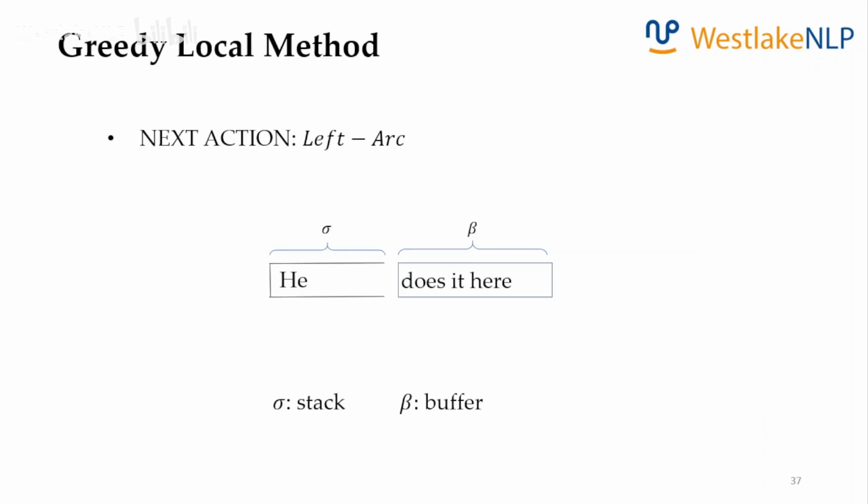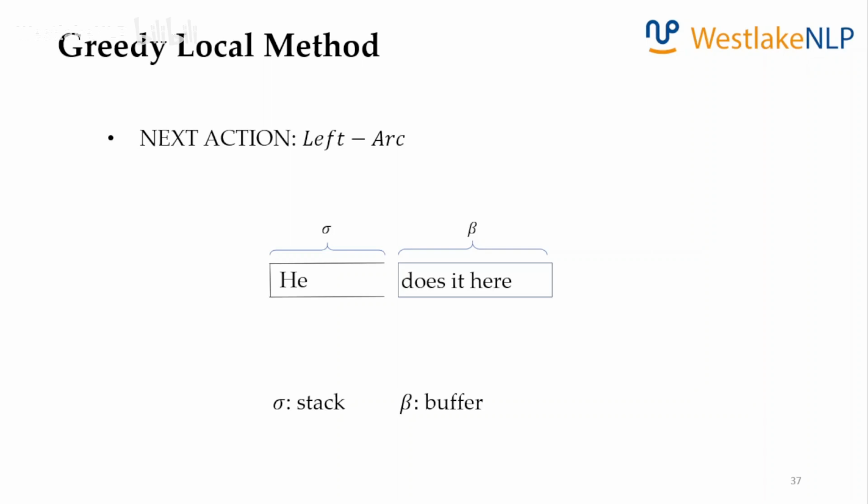Now he will depend on does. We might do right arc. Does will depend on he, right? We might do shift, which means he and does have nothing to do with each other. We could do shift again. But we could not do reduce, because if you reduce it, he will be an isolated node. The resulting structure is not a tree.